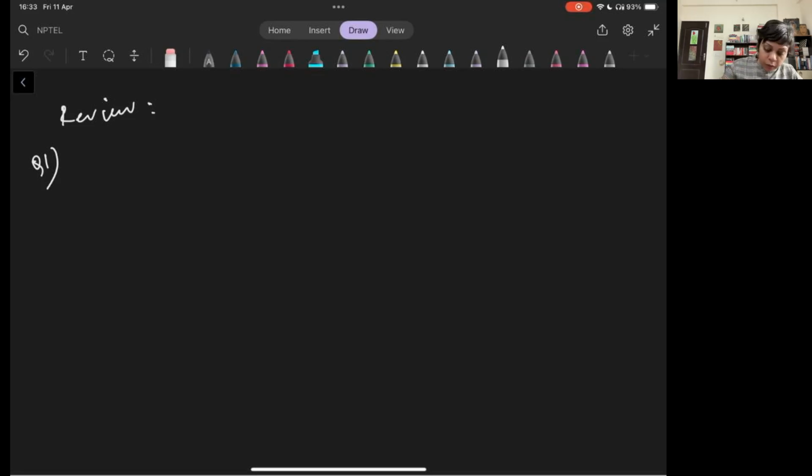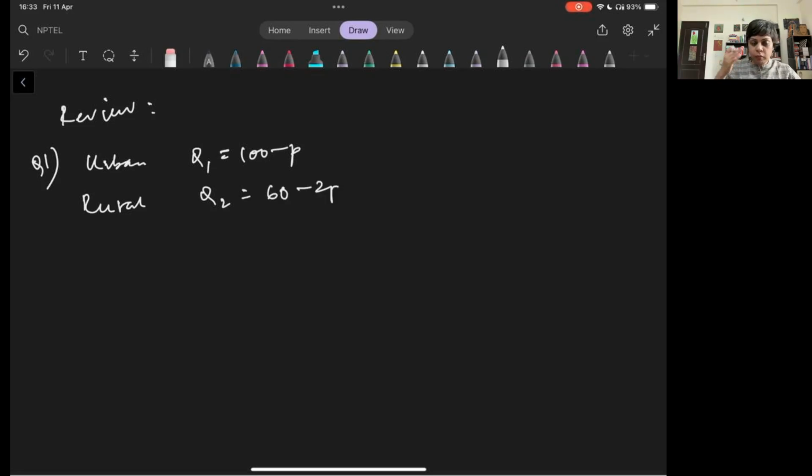For urban buyers, Q1 is equal to 100 minus P is the demand curve, and for rural, Q2 is equal to 60 minus 2P is the demand curve. And you're asked the entire market demand, meaning horizontal summation of urban and rural buyers.